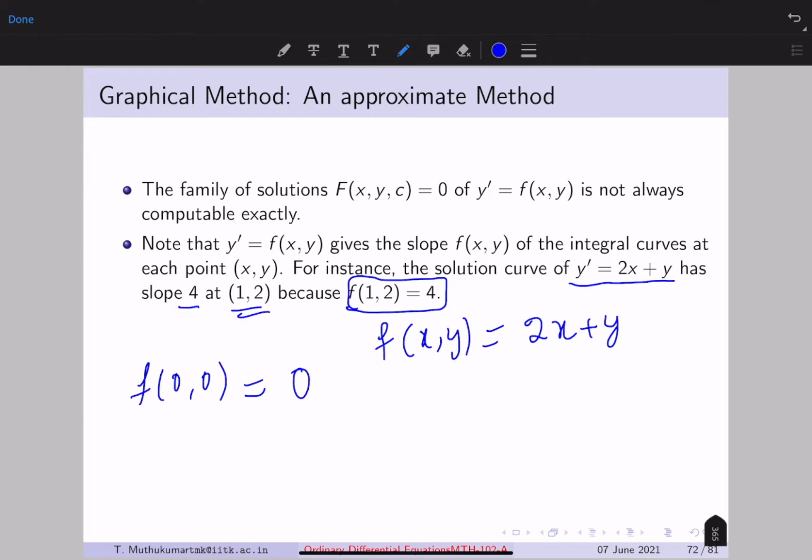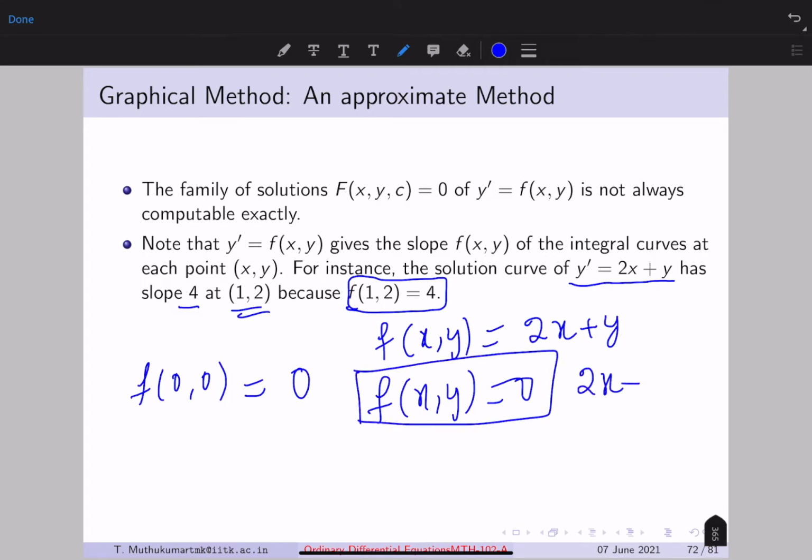So this is one piece of information. In fact, you can go further. You can look at all the points where the slope is 0. How do you find that? Find all x and y such that f(x, y) is 0. When will that happen? Whenever 2x plus y is 0, so whenever y is minus 2x.